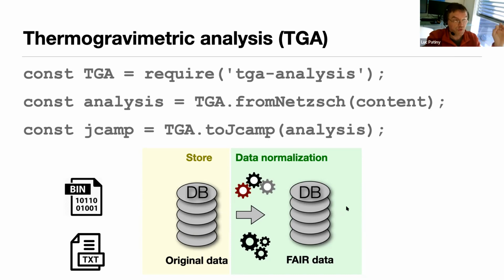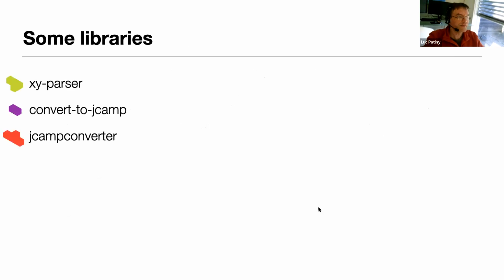And if we have those JCAMPs, all our tools will work out of the box in order to process those data.